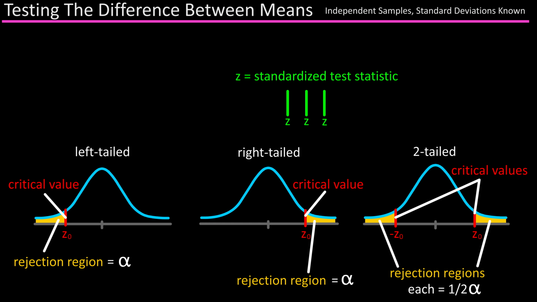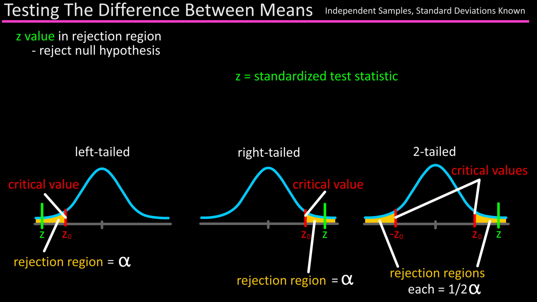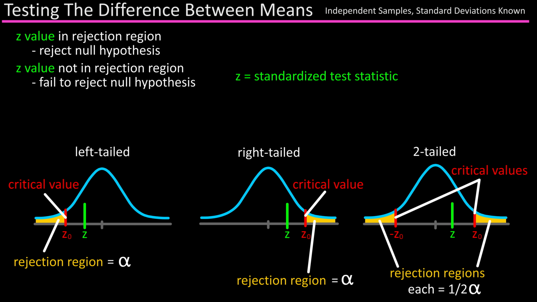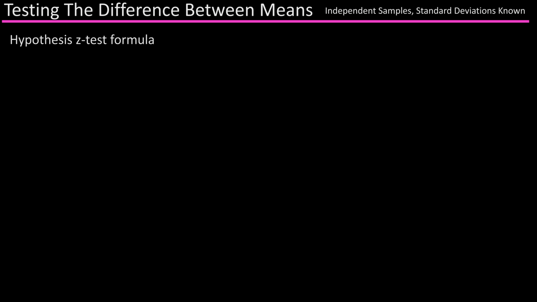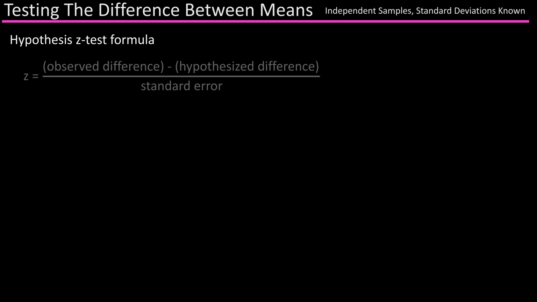If a calculated standardized test statistic falls into a rejection region, it would mean to reject the null hypothesis. And a standardized test statistic that does not fall into a rejection region would mean to fail to reject the null hypothesis. The formula we use to calculate a standardized test statistic in a two-sample z-test is z equals the observed difference minus the hypothesized difference divided by the standard error.